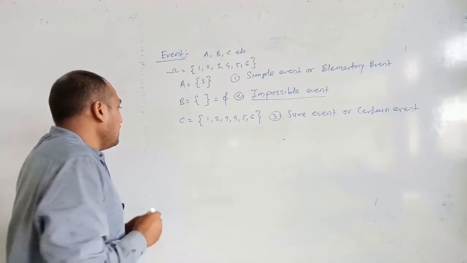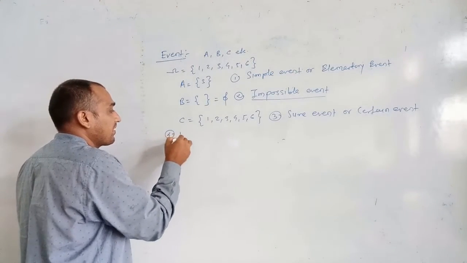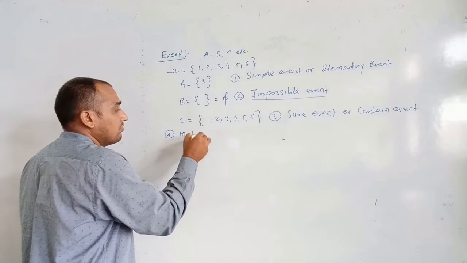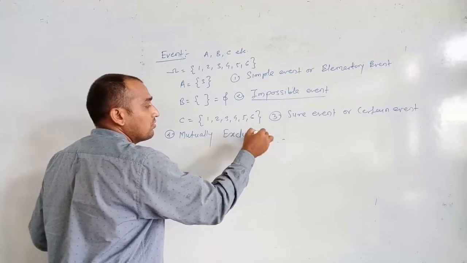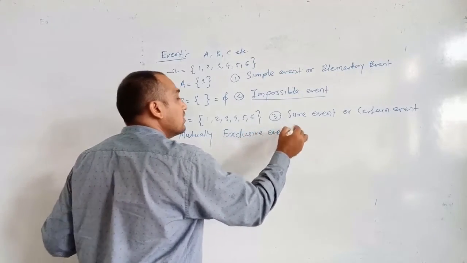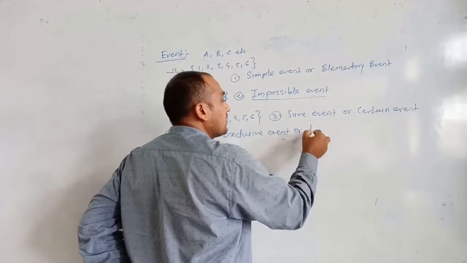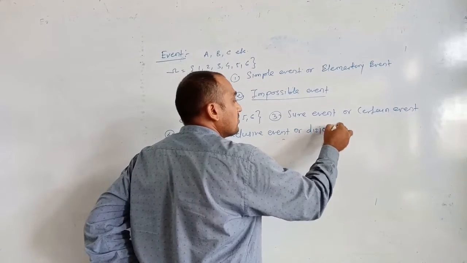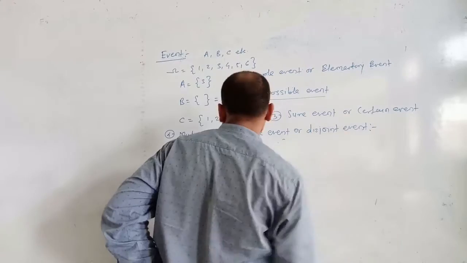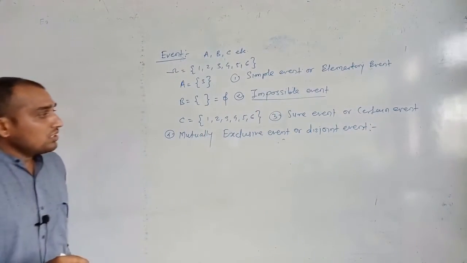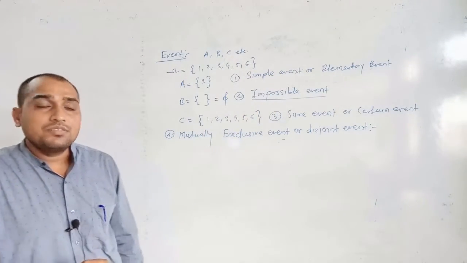After that, number 4 is mutually exclusive event. It is also called disjoint event. What is meant by mutually exclusive event?